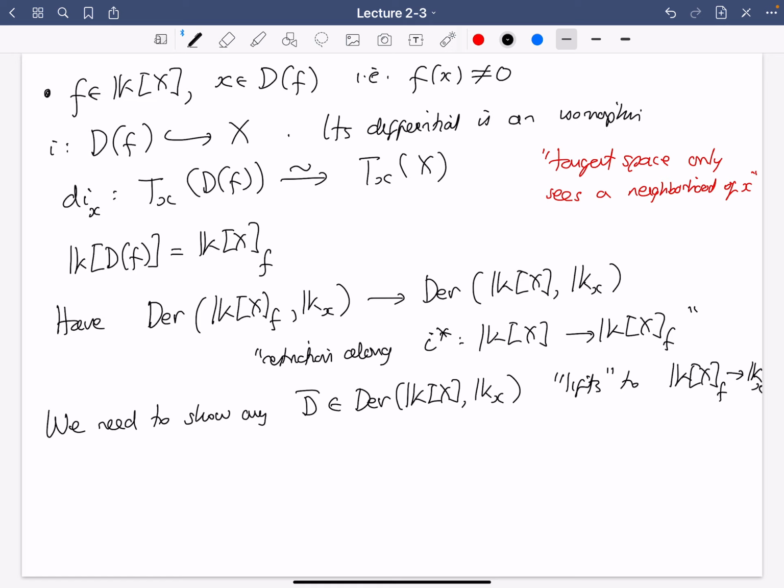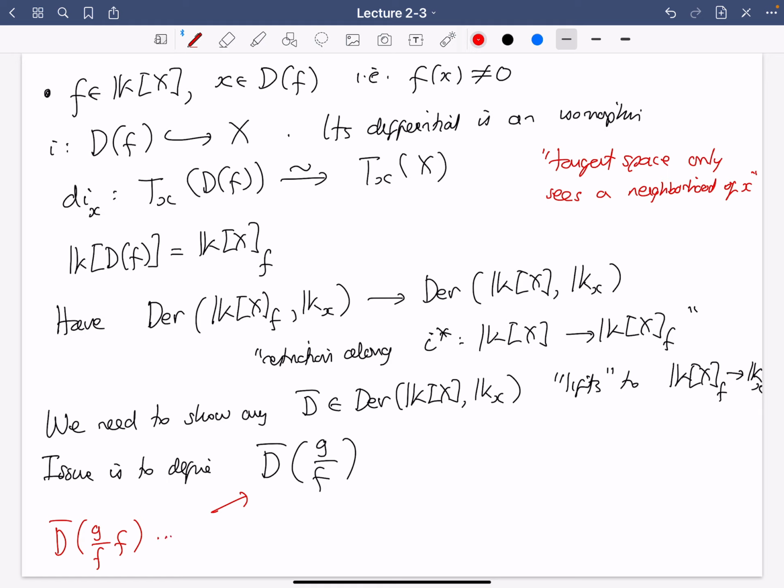So I'm not going to go through everything here, but the issue is to define it. You're trying to extend this point derivation from what it is on elements of K of X to fractions, so things like g over f. And there's no choice here about what to do. You know what d bar of g is, and you know what d bar of f is, and you're looking for what d bar of g over f is.